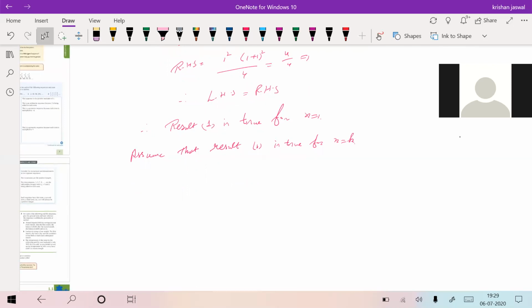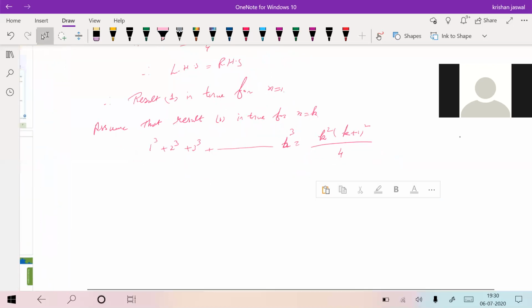Therefore, 1 cube plus 2 cube plus 3 cube plus and so on k cube is equal to, putting k in place of n, k square into k plus 1 whole square over 4.